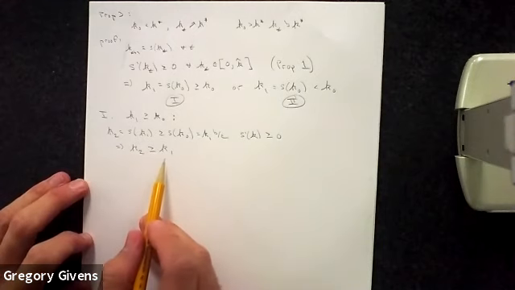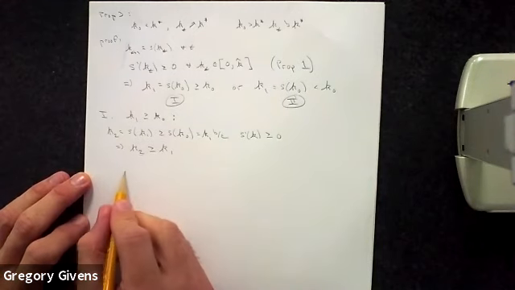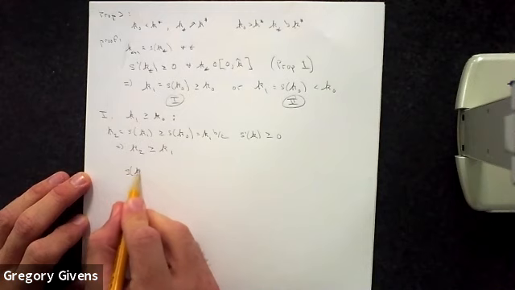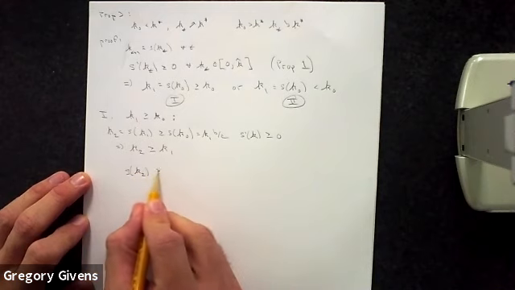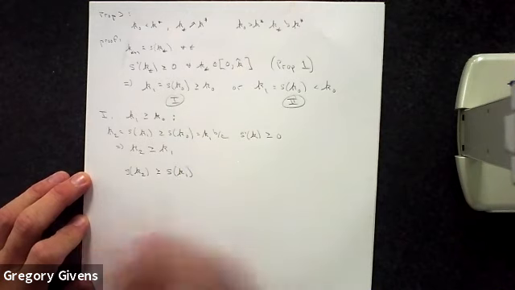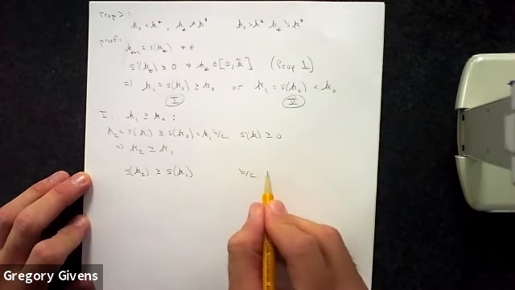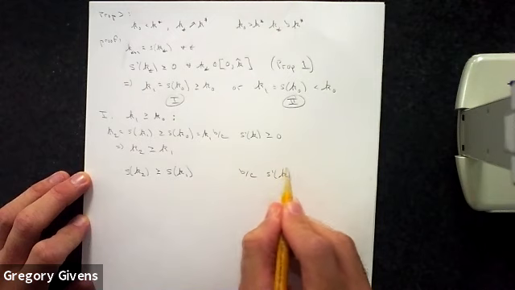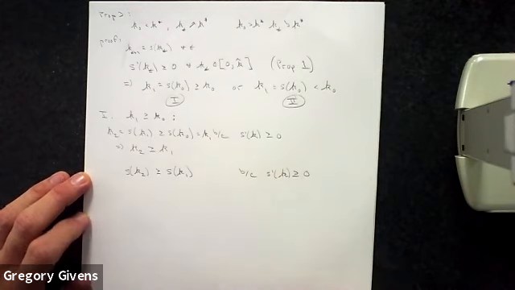Now, if K2 is bigger than or equal to K1, then we know that S of K2 has to be bigger than or equal to S of K1. And again, that is because S prime of K is greater than or equal to 0 by proposition 1.